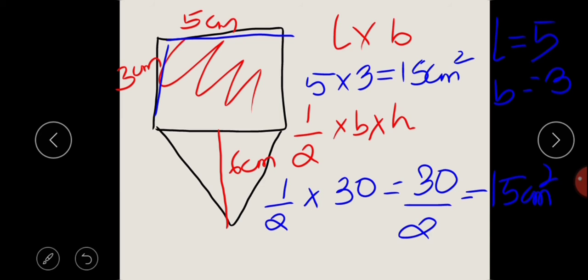Now the last step is we need to add up both the areas. Area of a rectangle. Let me just erase the screen.